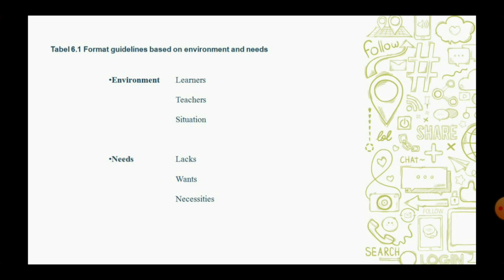And then the amount of material in a lesson should suit the length of a class. And then the activity should suit the physical features of the classroom. For example, movable desks for group work or soundproofing for oral work.